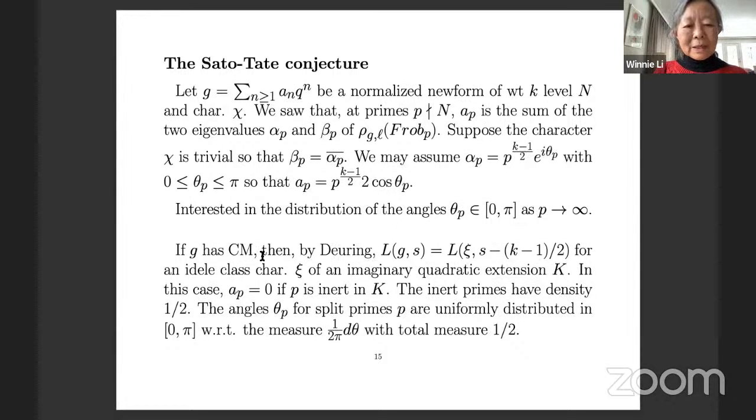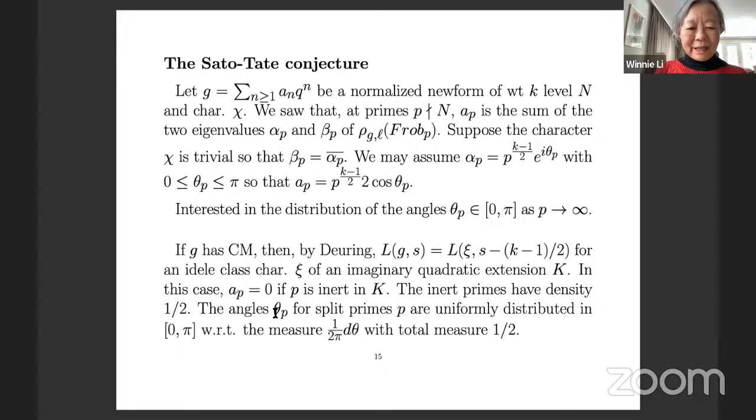If g has CM, then the theorem we discussed before showed that the L-function of g is the L-function of a character of some imaginary quadratic extension K. As such, when the prime p is inert in K, we immediately have a_p equal to 0. So a_p is 0 for half of the primes.